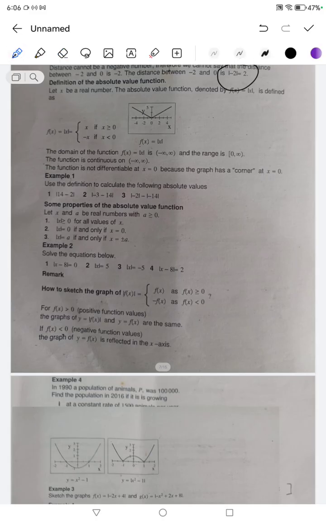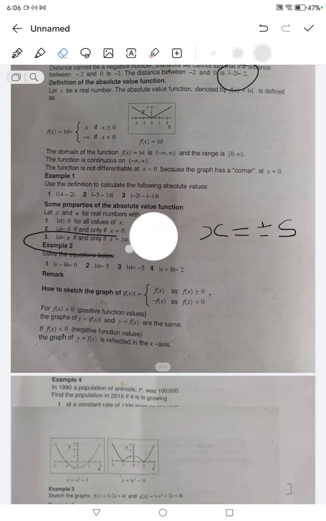Then they have the second one. They say the absolute value of x is equals to 5. This one you can just say x is equals to plus or minus 5. Which property are we using? We are using property 3. Then we have the next one, where they're saying the absolute value of x is equals to minus 5.